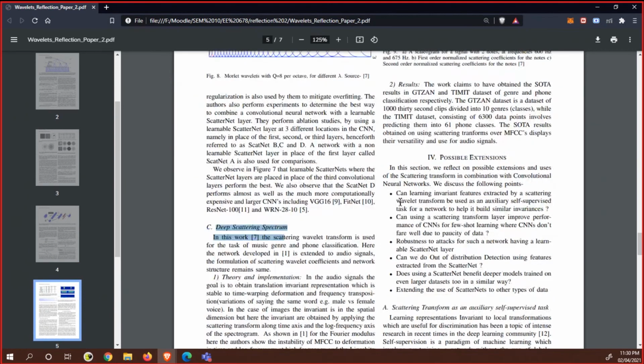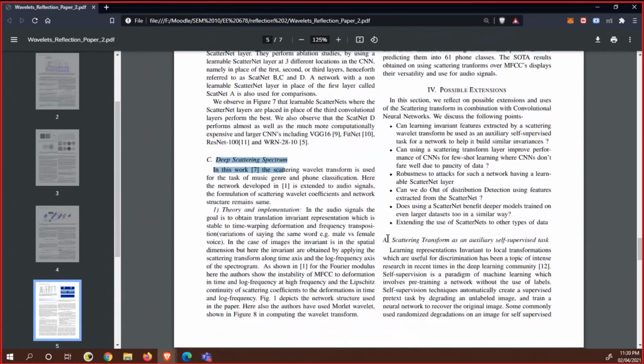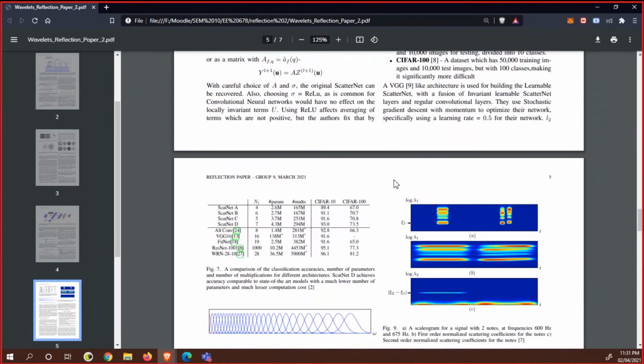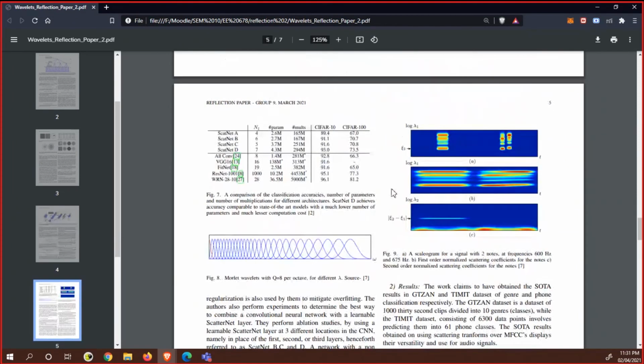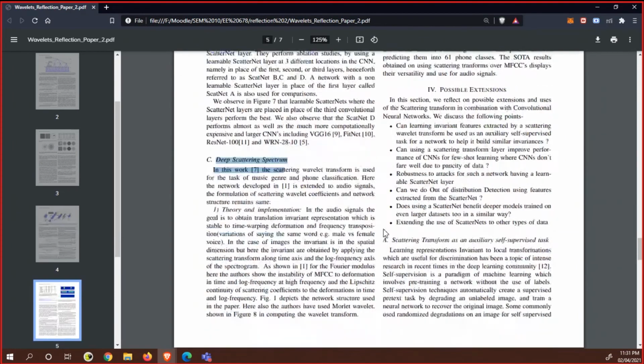So why do this? The convolution along the time dimension helps us to be robust to deformations in time, which could be time dilation in the signal. And the second operation along the log frequency dimension helps us to be robust to changes in frequencies.